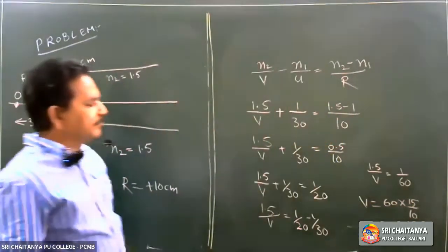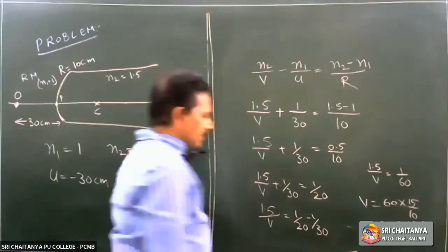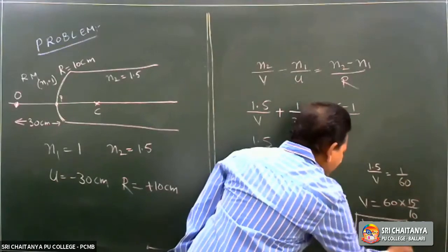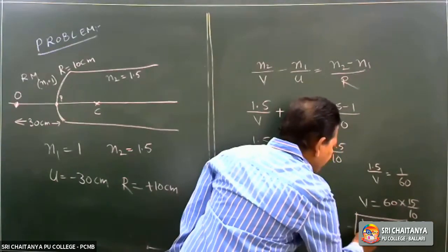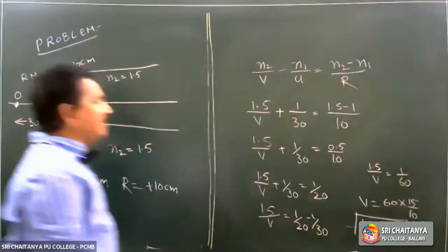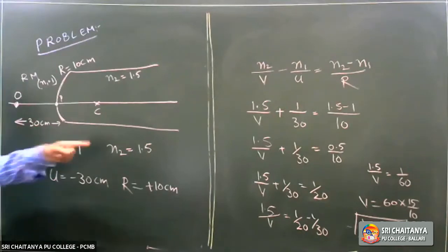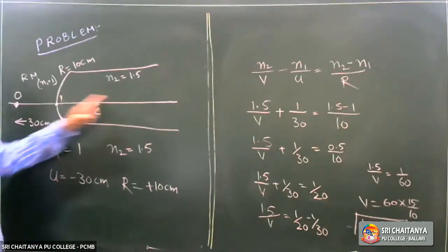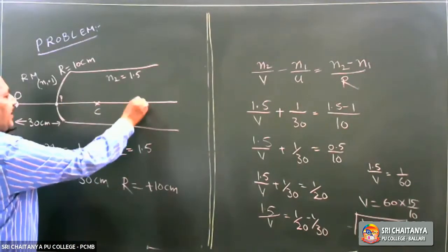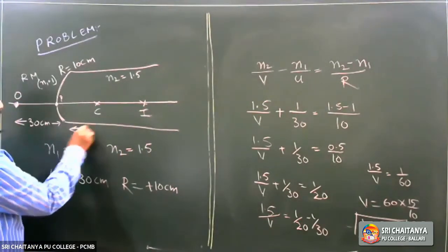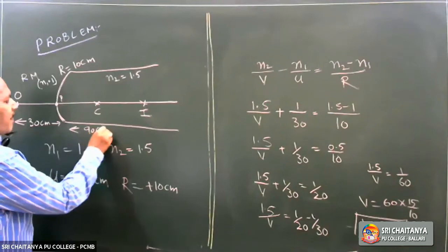The 0 gets cancelled. Then V is equal to plus 90. From the pole, if I get minus, the image is behind the pole; if I get plus, it is in front of the pole, somewhere here, this is I. What is the distance? 90 centimeters.